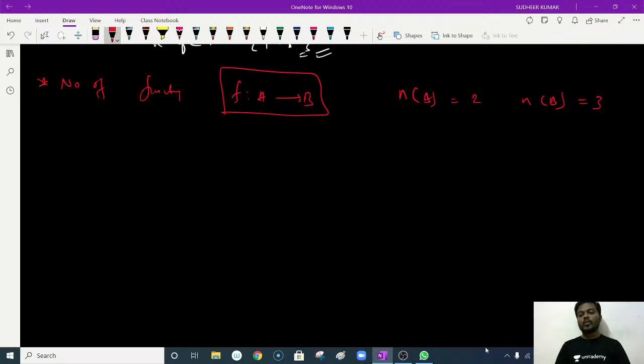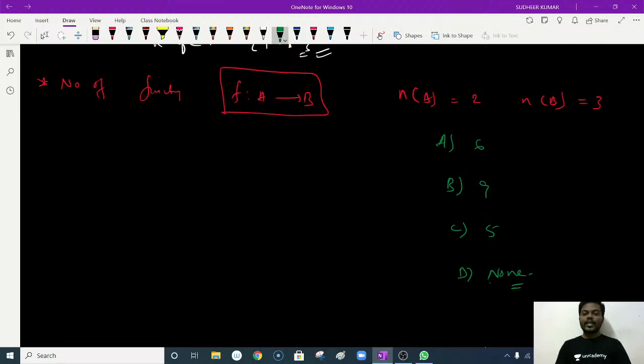Find the total number of functions. The options are: A is 6, B is 9, C is 5, and D is none. Which is the correct answer? Can you guess it?